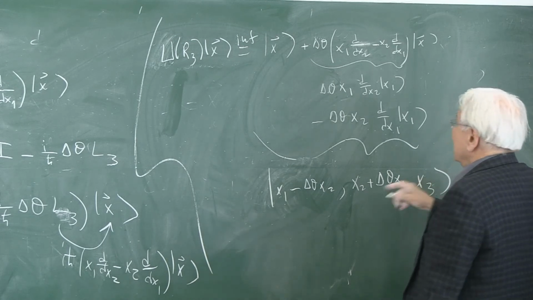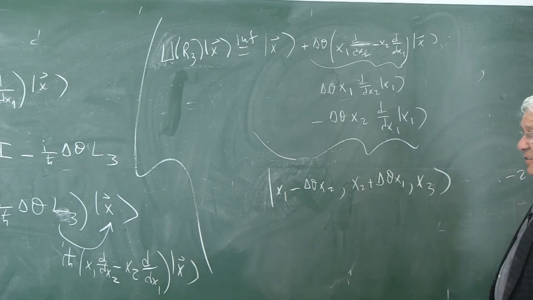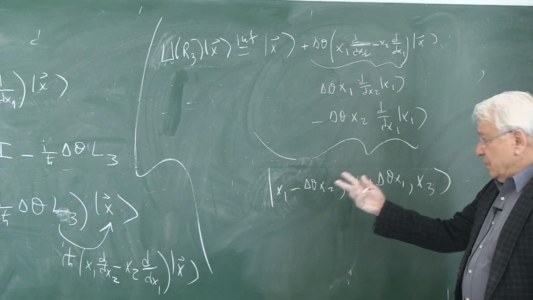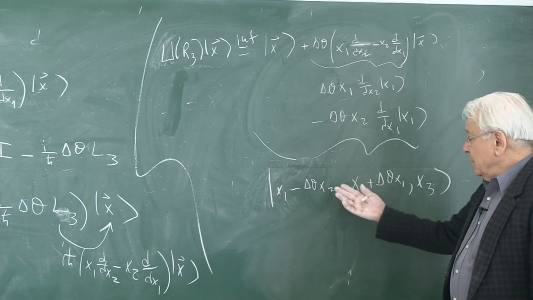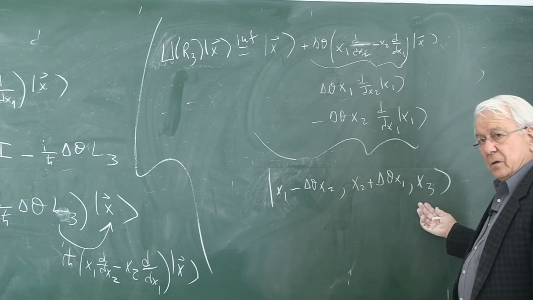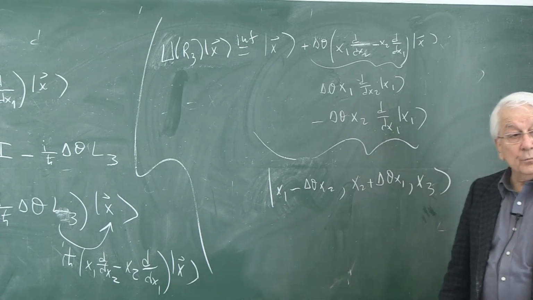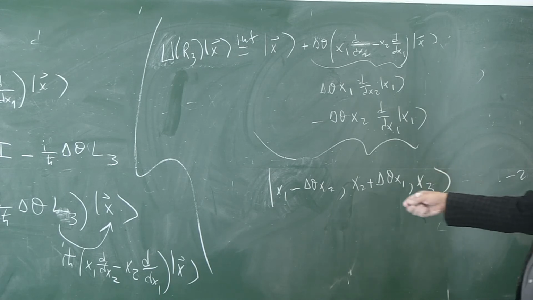I claim that this right-hand side is the Taylor series expansion of this thing. Why is that so? This is a multivariable vector, the first variable, second and third. The third one is not affected because we have chosen that third rotation on purpose. So how do you expand this?